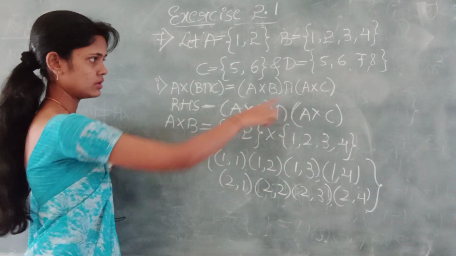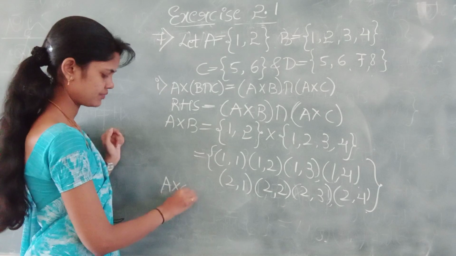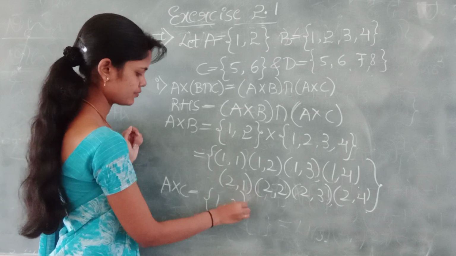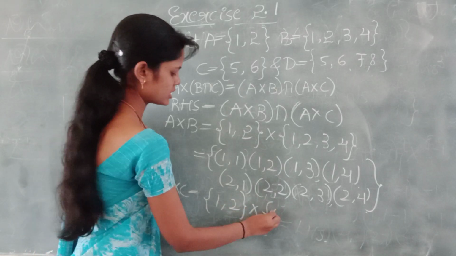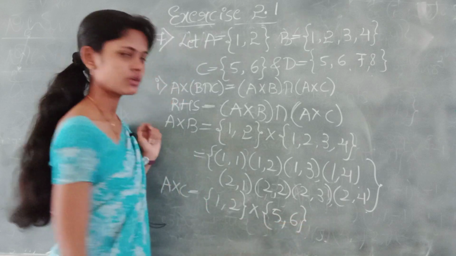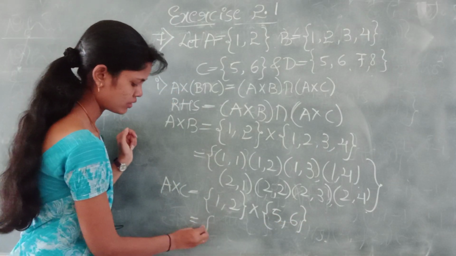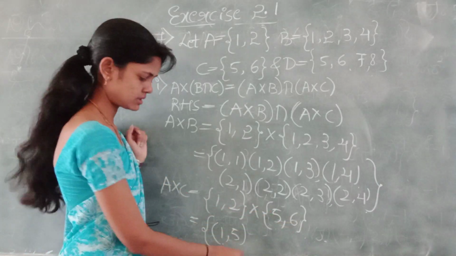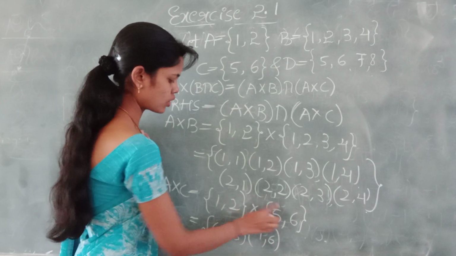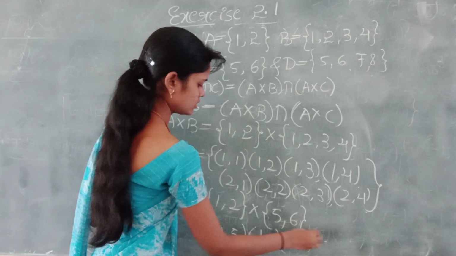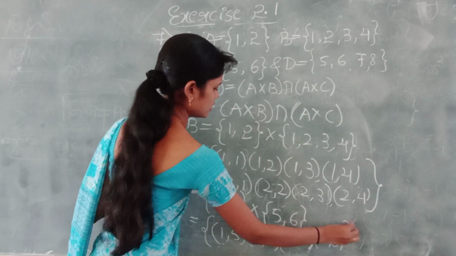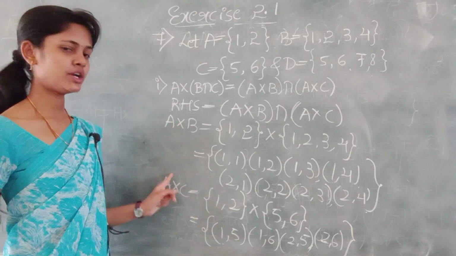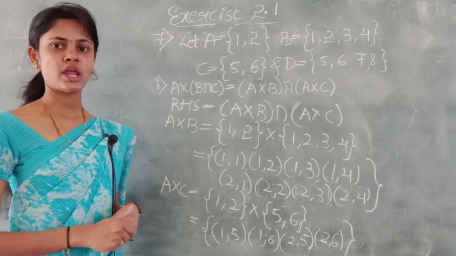And then next, A cross C. A is {1, 2} and C is {5, 6}. We write the ordered pairs (1,5), (1,6), then (2,5), (2,6). So this is A cross C. Then we have to find (A cross B) intersection (A cross C).